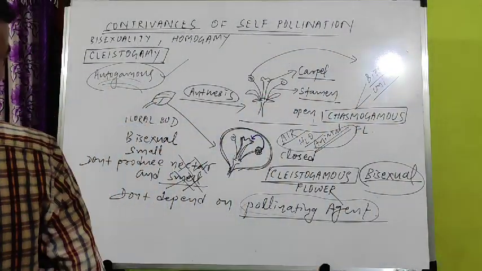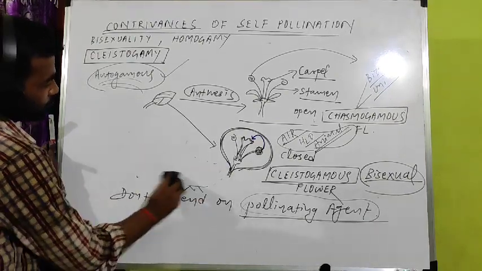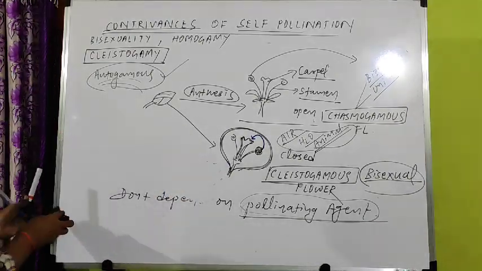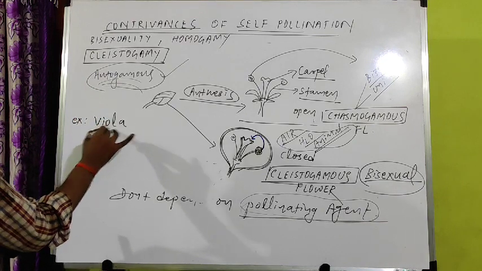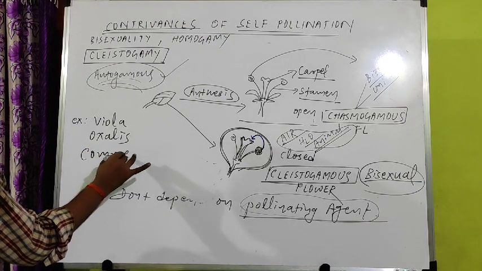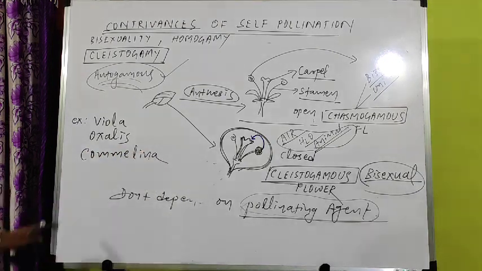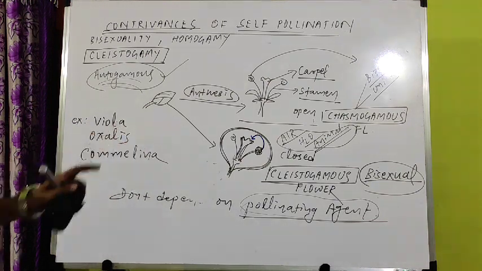Cleistogamous flowers are found generally in 3 plants. The examples you have to remember for NEET, but for boards it is not important: Viola, Oxalis, and Commelina. These 3 plants show cleistogamy.